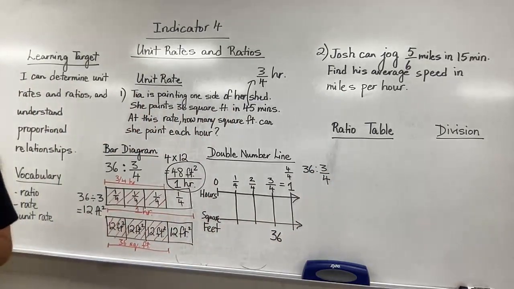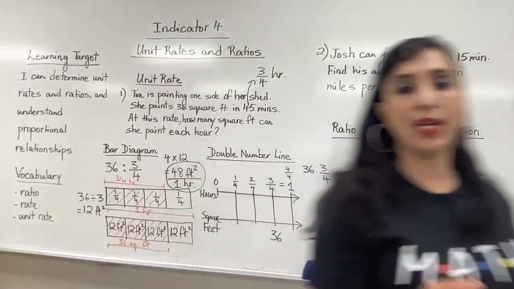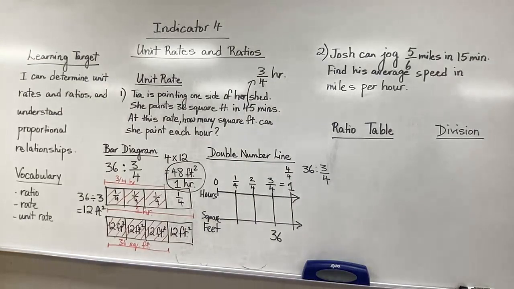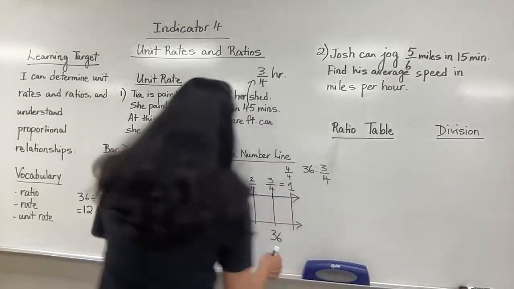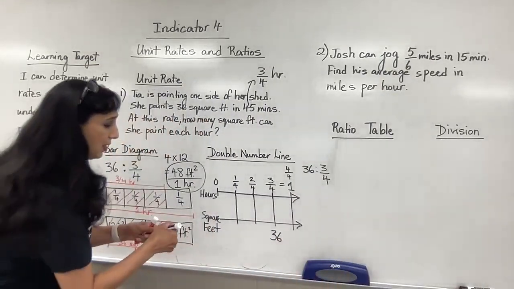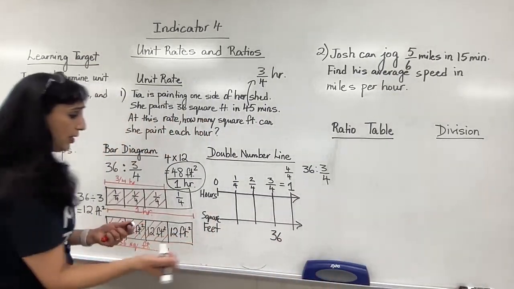Now as we can see, each increment on the bottom line represents 12 square feet, and again we are doing the same thing. 36 divided by these three sections means each is going to be 12.